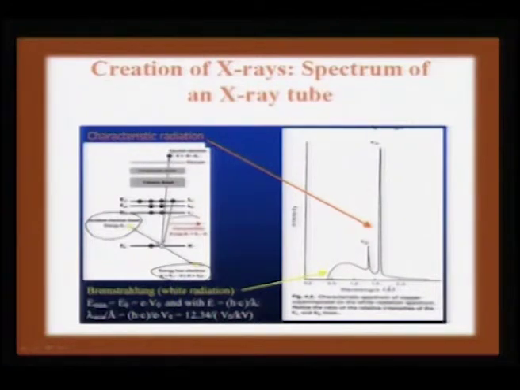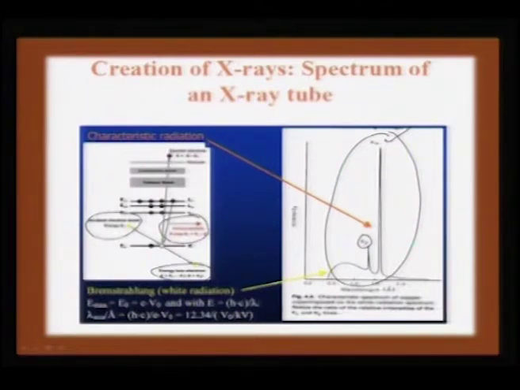So, we can look at the particular X-ray that is produced during this transfer of the electron from the L shell to K, and that can be characteristically mapped for a particular element, and this is the characteristic radiation that one observes, which has two components, K alpha and K beta, but usually we try to use K alpha because the intensity of K alpha is much higher than K beta.